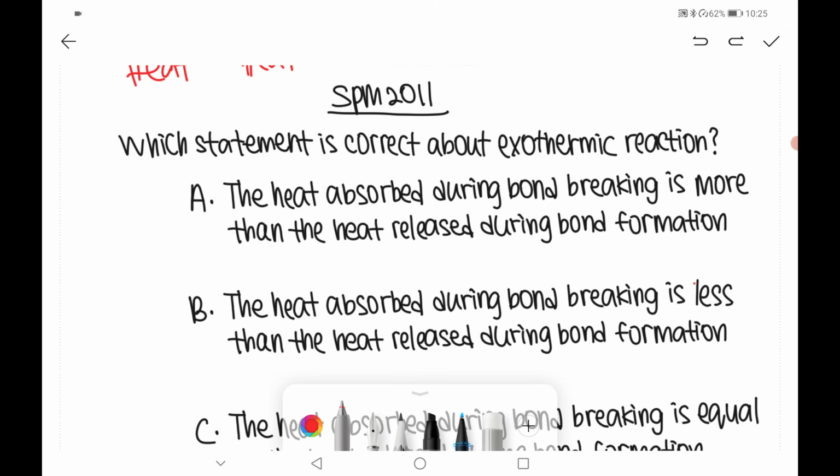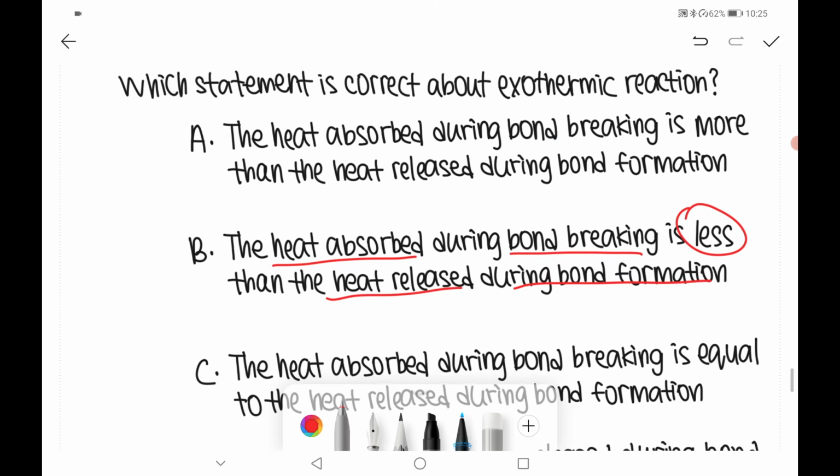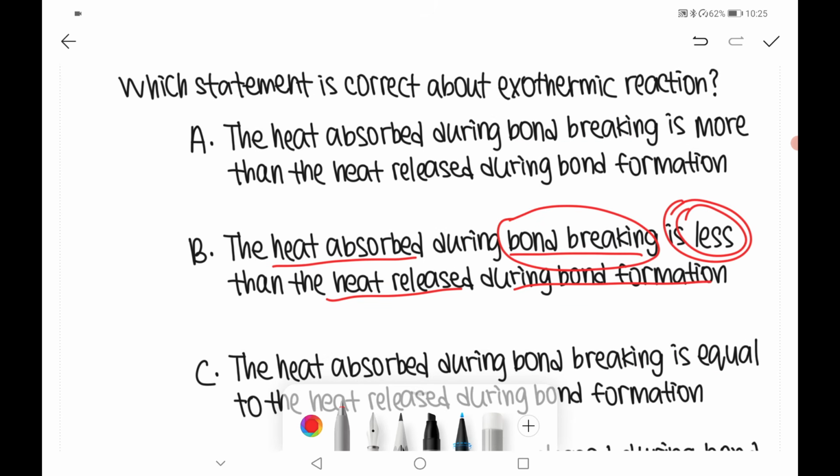You want less. The heat absorbed during bond breaking is less than the heat released during bond formation. Because when bond breaking is less, it means a small value minus the bond formation, a big value. So small minus big, then only you can get a negative answer. So this is the mathematic method, and the answer is B.